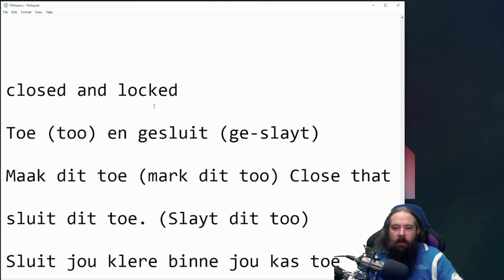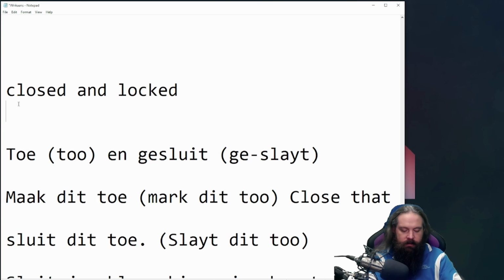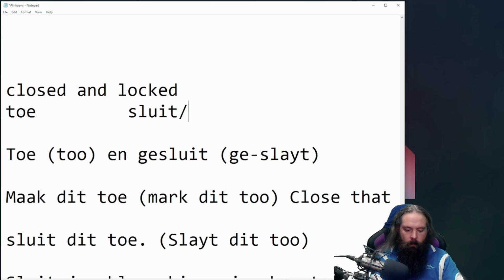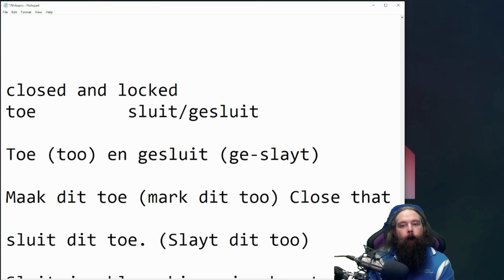So closed and locked. Closed is literally closing something, toe, and locked is sluit or gesluit, right? Now, they can't be used interchangeably in Afrikaans.